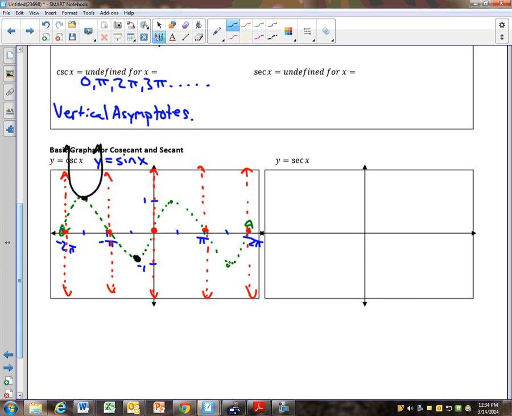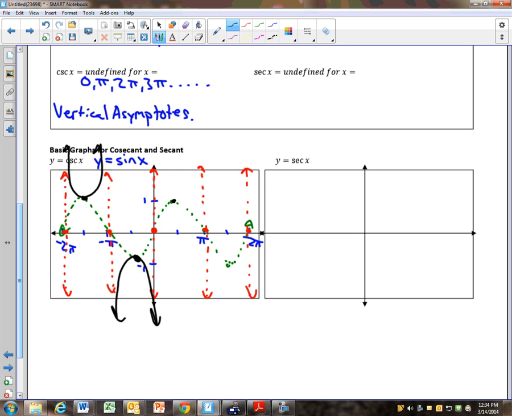What's the reciprocal of a small negative number? A big negative number. And then if you look at this spot right at 0, if I move just to the left, sine, the green graph, has a very small negative value. The reciprocal of a small negative value is a big negative value.